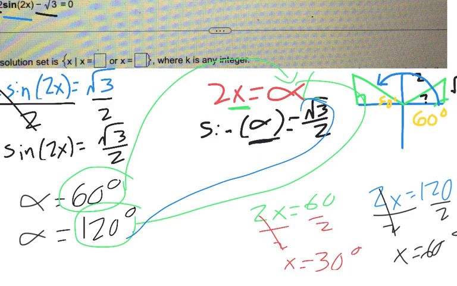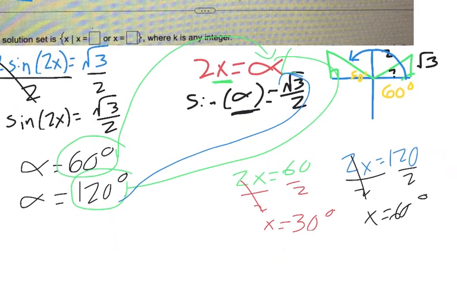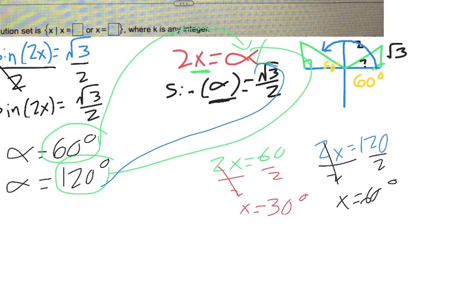They could be at 30 degrees or at 60 degrees. Now, our answer here has to be in terms of radians. So I'm going to convert this from degrees to radians. So 30 degrees is pi over 6, and 60 degrees would be pi over 3.